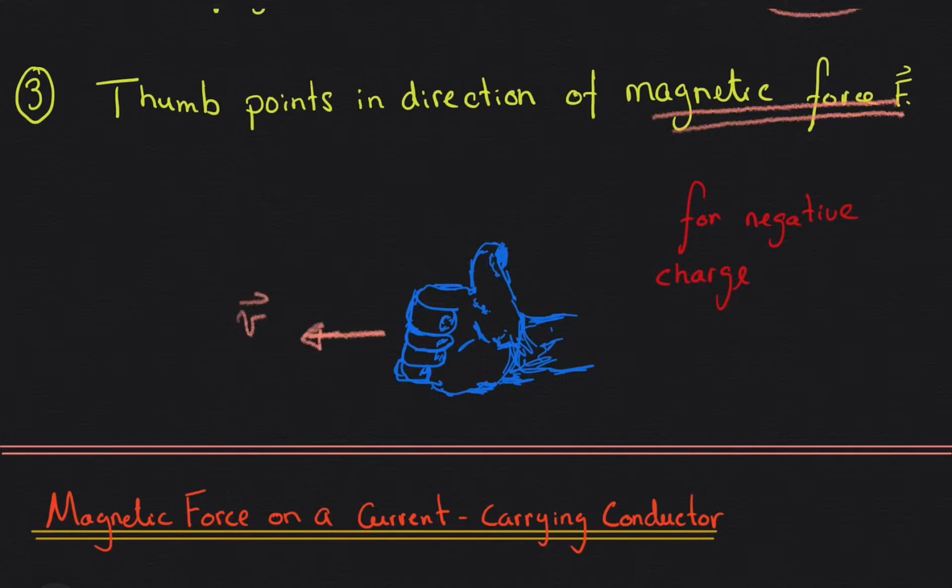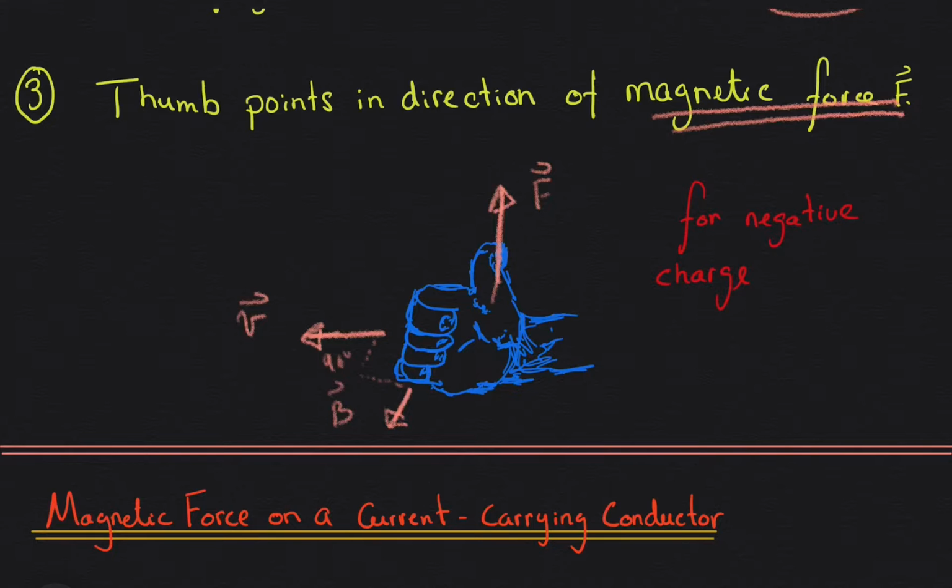Now, when you curl your fingers 90 degrees, you're going to have an applied magnetic field at 90 degrees from this velocity. And then your thumb shows the direction of the exerted force.